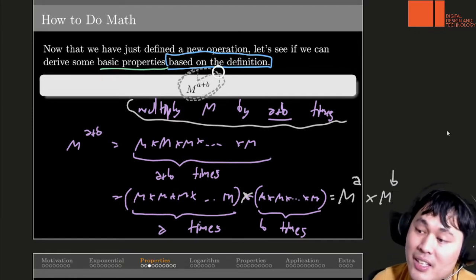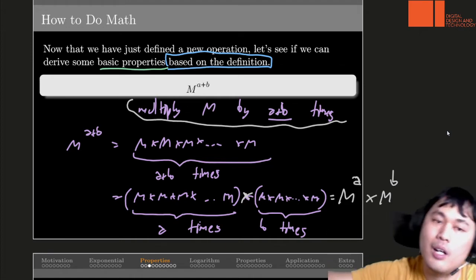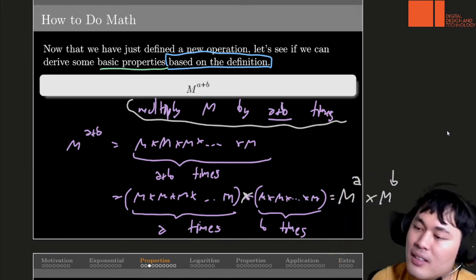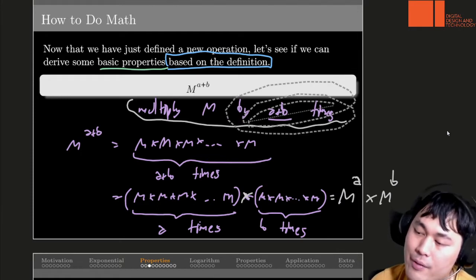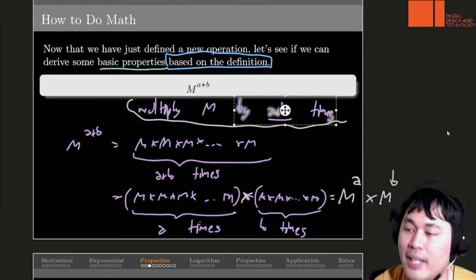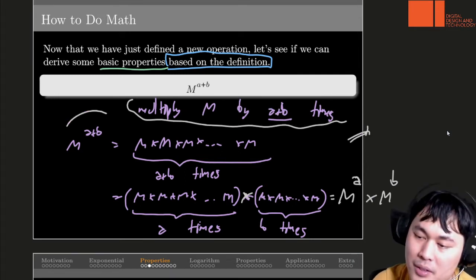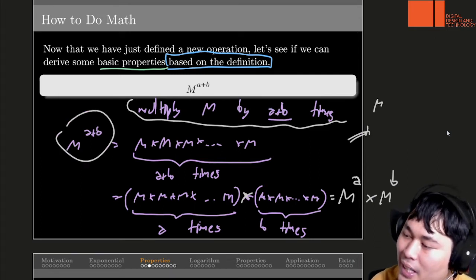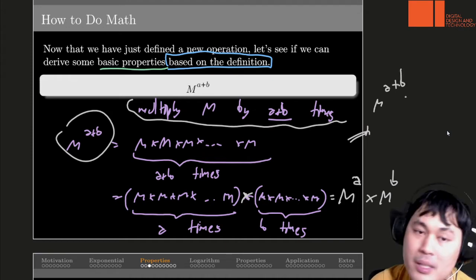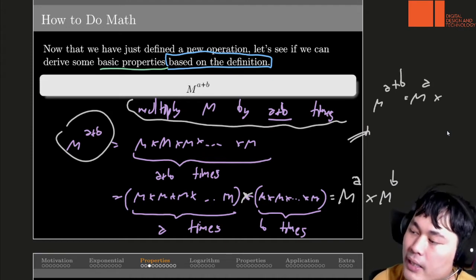Whenever you see this kind of notation, something raised to the power of two numbers added, you think of that by definition, and actually we can split that out. If you just skip from this step to the end, m to the power of a plus b is m to the a times m to the b.